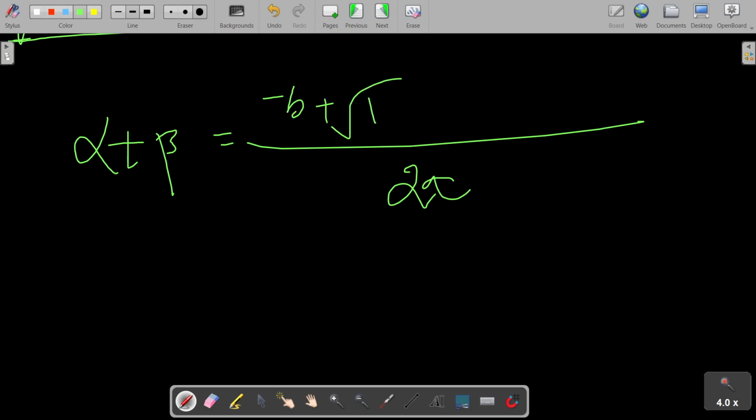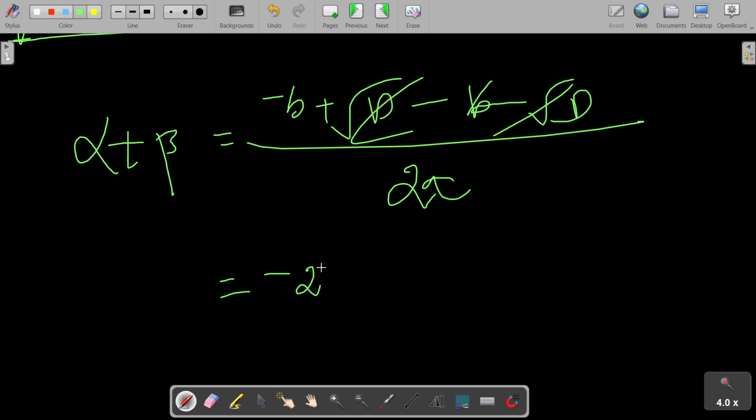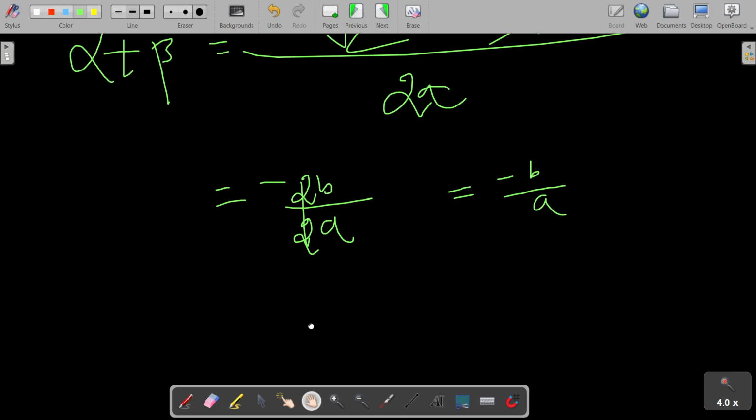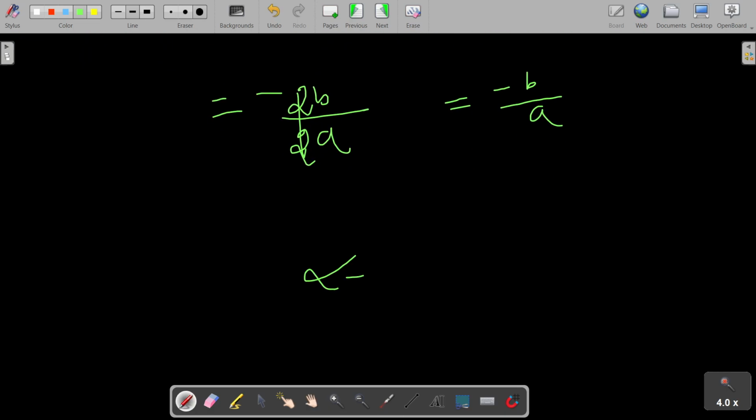Minus b plus root d, minus b minus root d. Plus root d minus root d gets cancelled. We are left with minus 2b over 2a. 2 gets cancelled, and I got minus b over a. So this is also a property that if I add both roots of the quadratic equation, I get minus b over a.